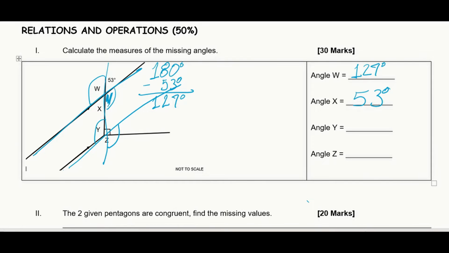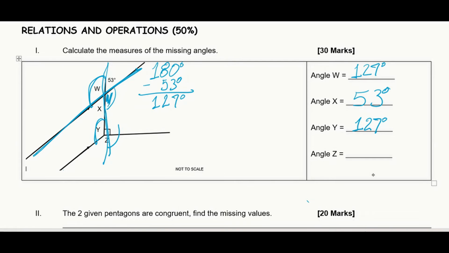And so this one is also 127 degrees. How come? Well, W and Y are congruent because they form the same angle. This transversal forms the same angle as these are parallel lines. Okay? Once again, it is properties about parallel lines.